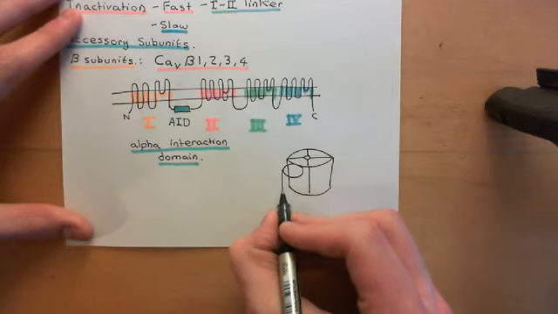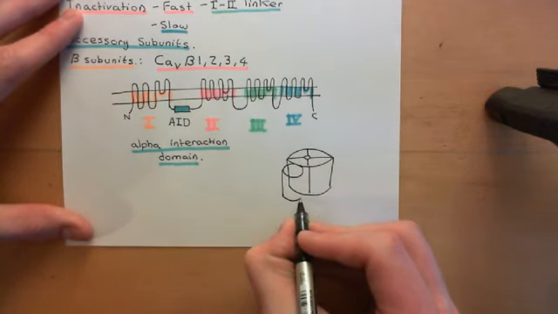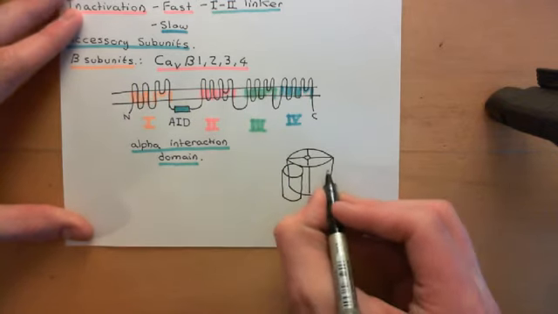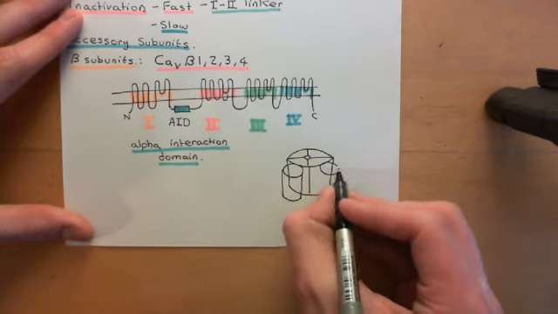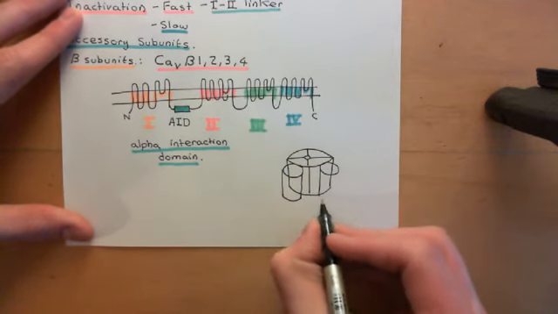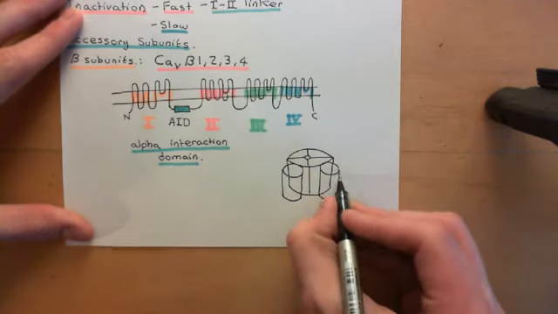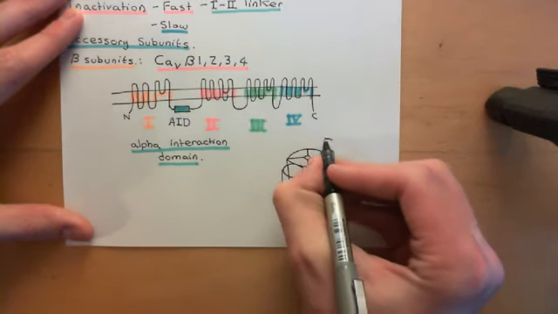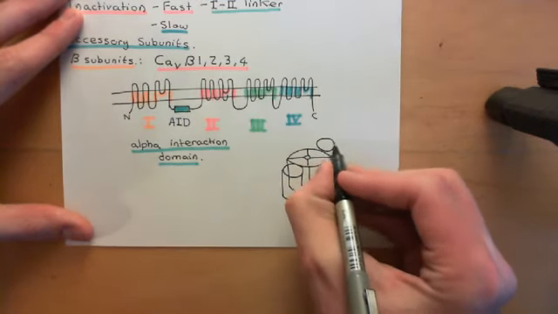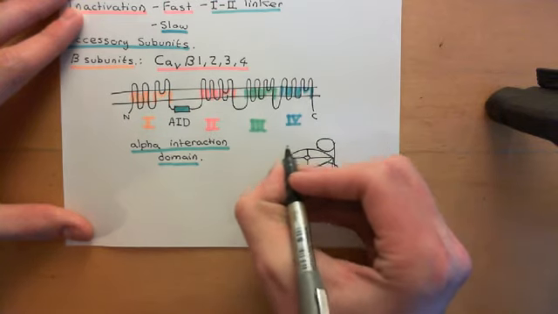And then around the outside, of course, what we'll have is these voltage sensing domains of each one of the domains of the alpha 1 subunit of the voltage gated calcium channel. So here is another voltage sensing domain, another one over there, and another one here.